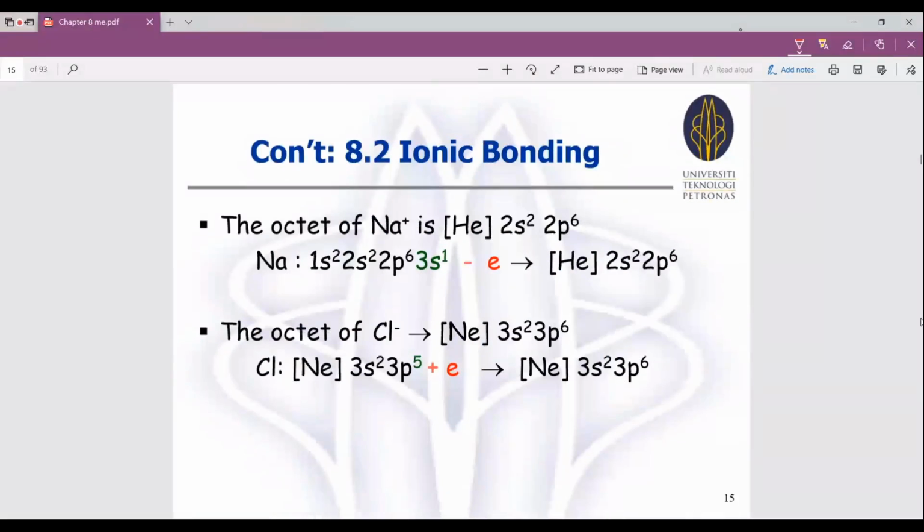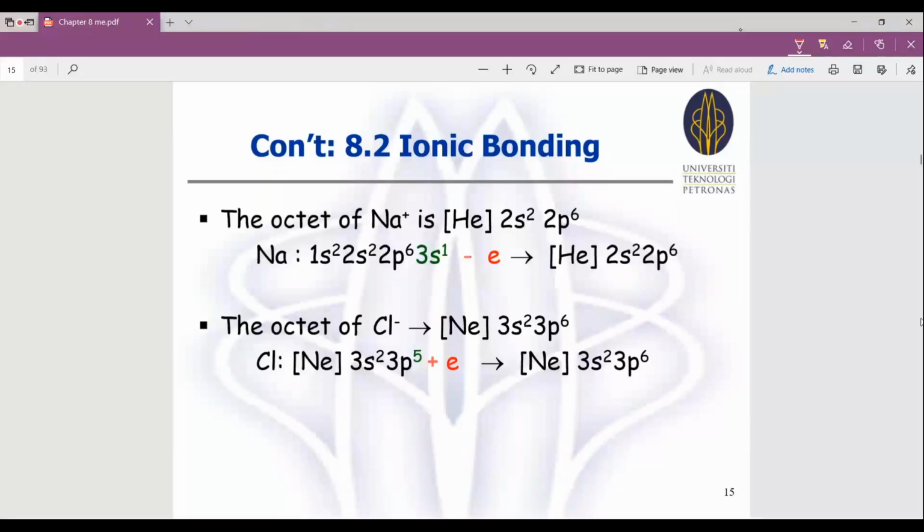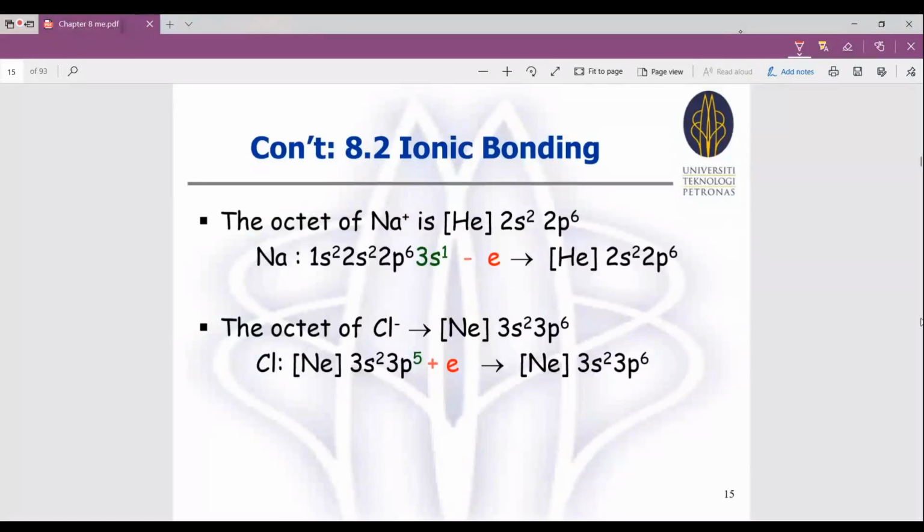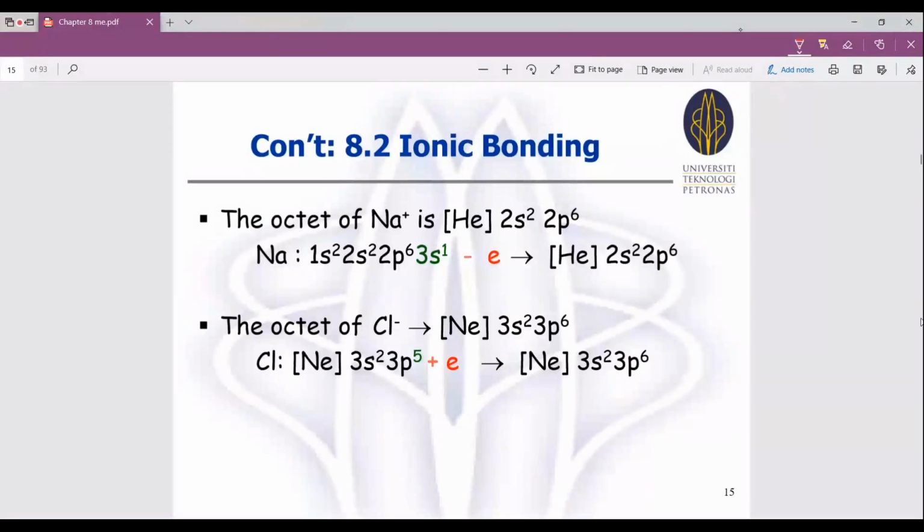Okay, so we look at it in terms of stability. Na plus is more stable compared to the Na atom. When it donates one electron, it becomes a stable configuration like neon. And Cl minus has a more stable configuration than Cl, so it's possible to form Cl minus rather than Cl.